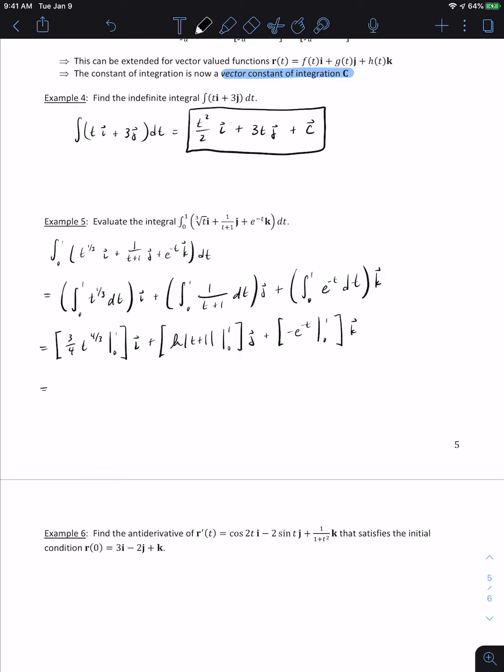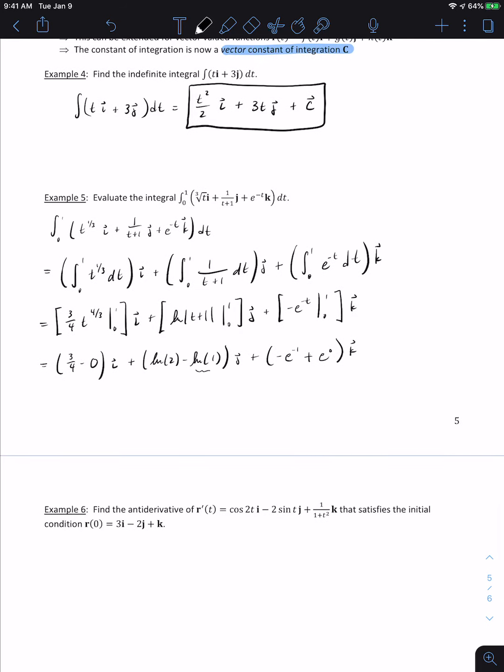So when I do this evaluation, I end up getting 3/4 minus 0 times i, plus ln of 2 minus ln of 1 times j, plus negative e to the negative 1 minus negative, so plus e to the 0.